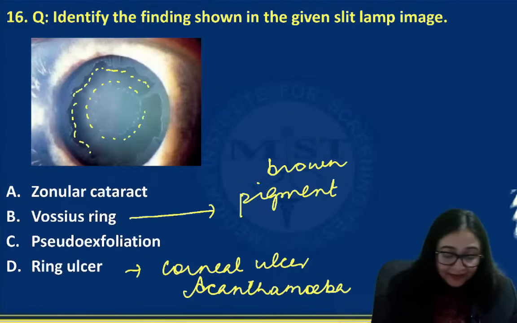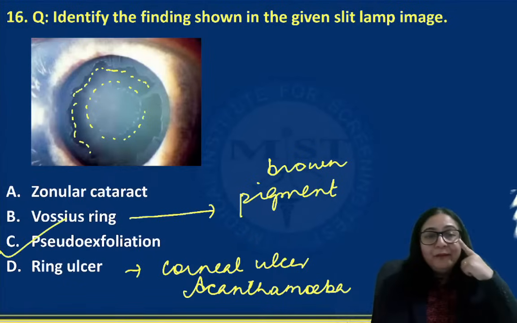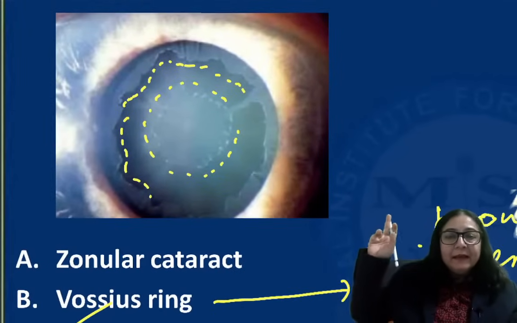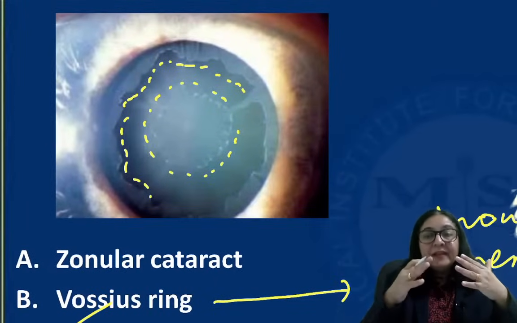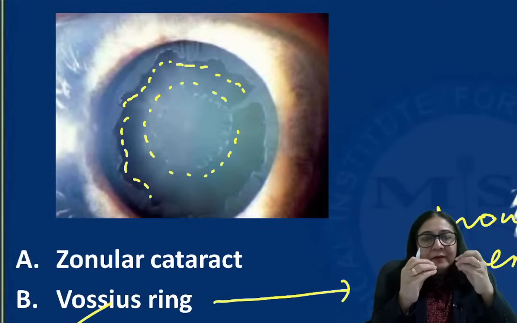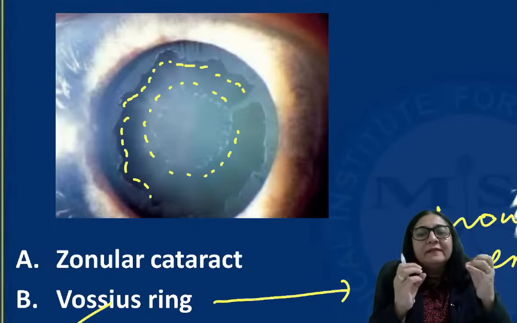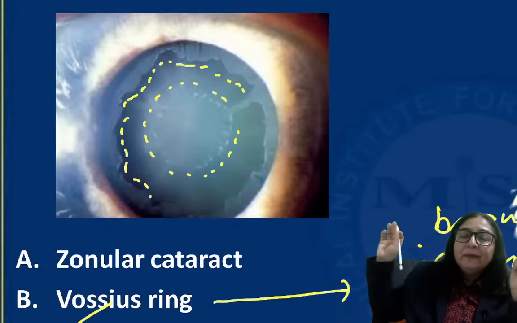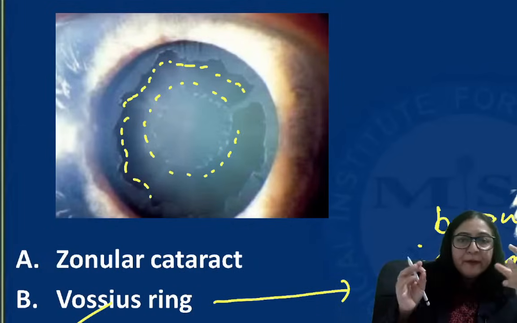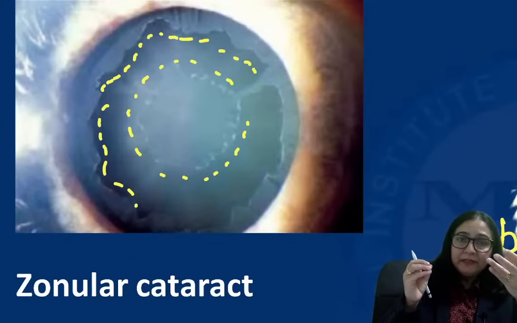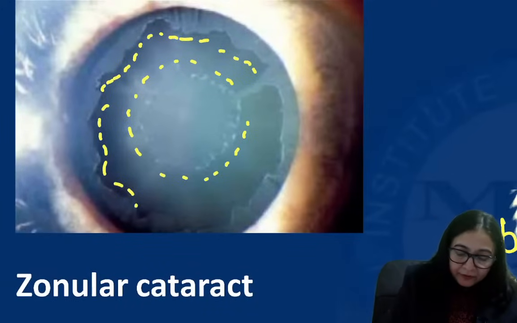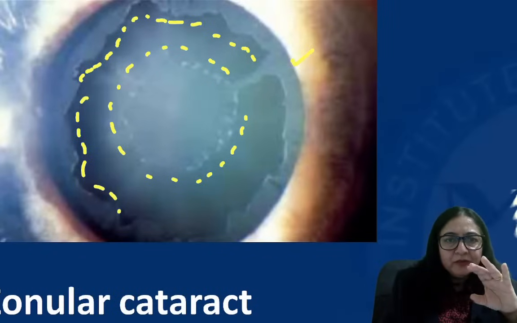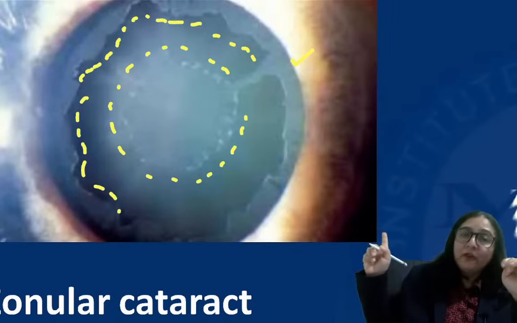So what you are seeing here, as you have now told me, is pseudo exfoliation. Now pseudo exfoliation is a condition in which the lens capsule shows deposition of the fibrillary material, which you see like this. So there will be this whitish fibril, like you can say dandruff-like material. That can be present, if you notice very carefully, even at the pupil margin, though I don't expect you to see that, but on the lens surface you are able to see.